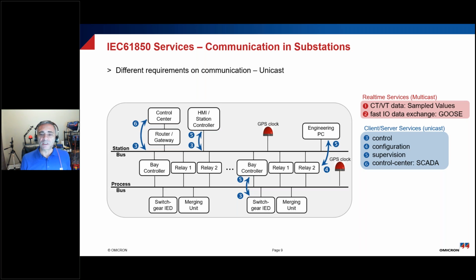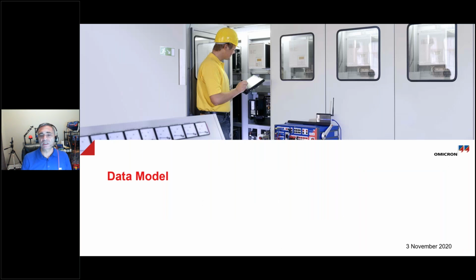Supervision might be to take a look at the currents and the voltages and what switches are open and closed. And of course, information that goes back to the big control center or SCADA, supervisory control and data acquisition. Those are what we call client-server, and they're what we call unicast information, which we'll come back to in a few moments.